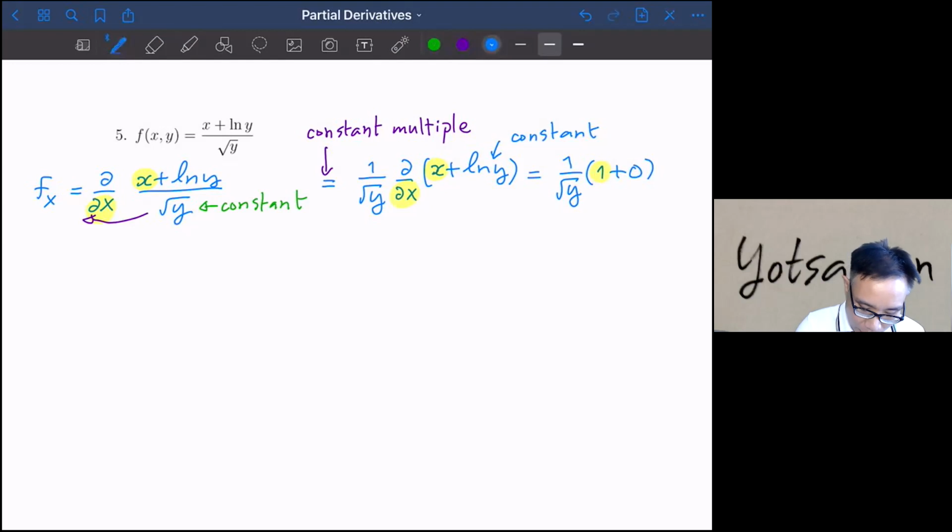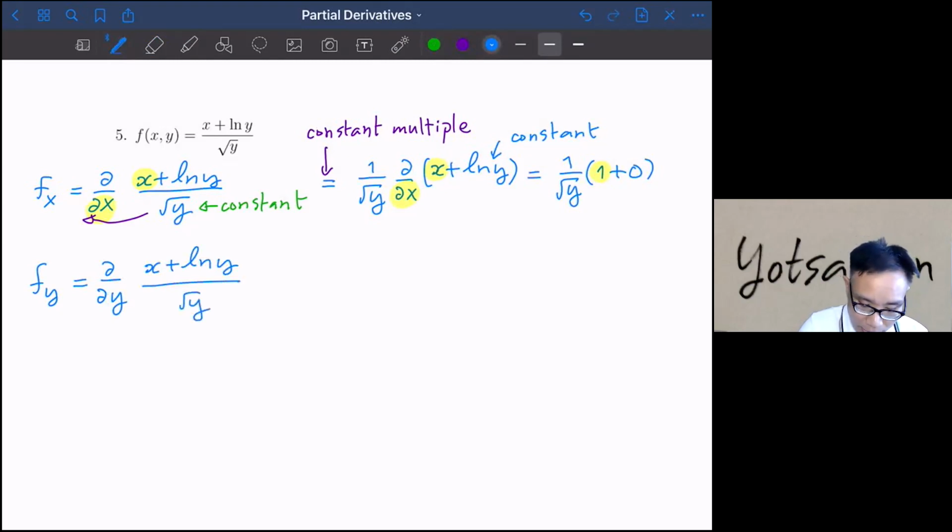The last one, for fy, is going to be d/dy of (x + log y) over root y.